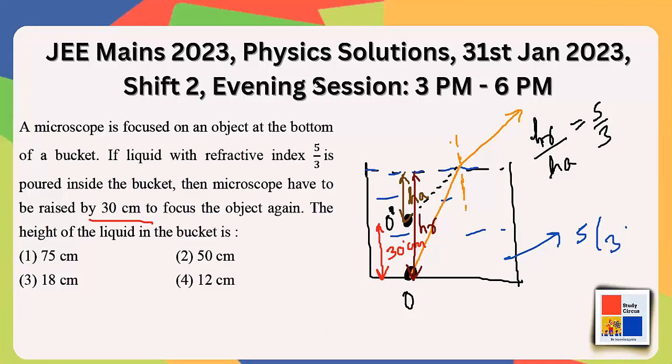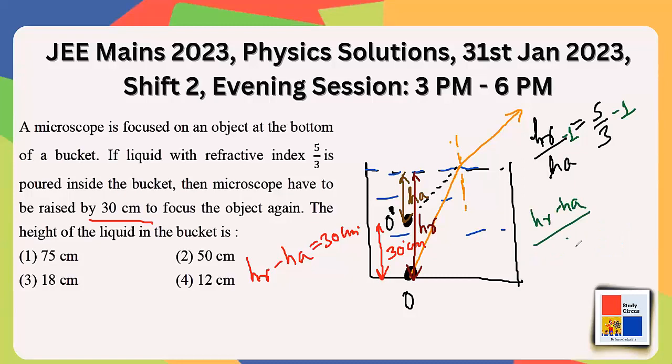And we know that the shift upwards is 30 centimeters. That means HR minus HA is 30 centimeters. Now just subtract 1 from each side. HR minus HA upon HA is equal to 5 minus 3 upon 3.